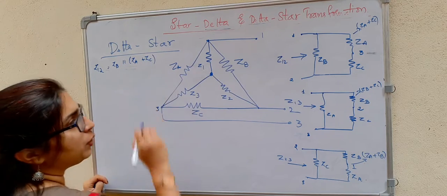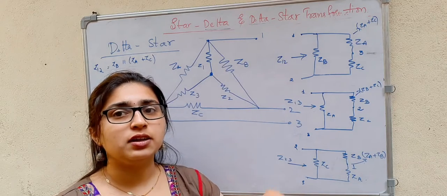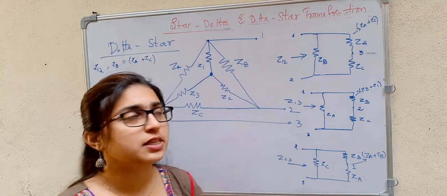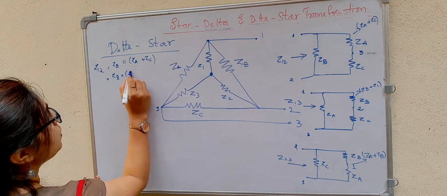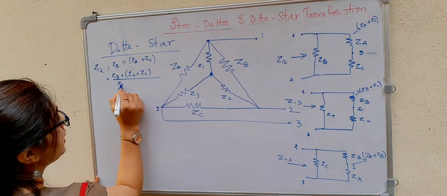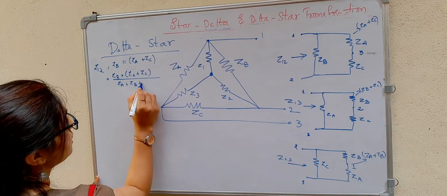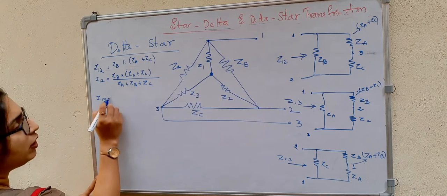When two impedances are in parallel, we can write that as Z1 into Z2 divided by Z1 plus Z2. So here Z12 is ZB into ZA plus ZC divided by ZA plus ZB plus ZC. Then what is Z13?